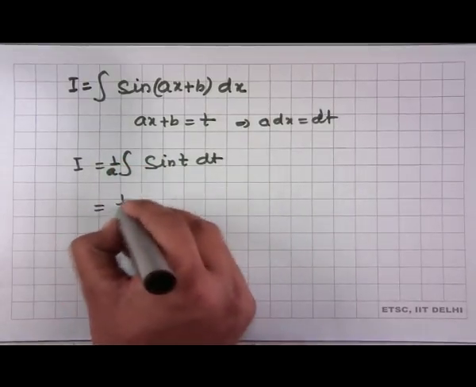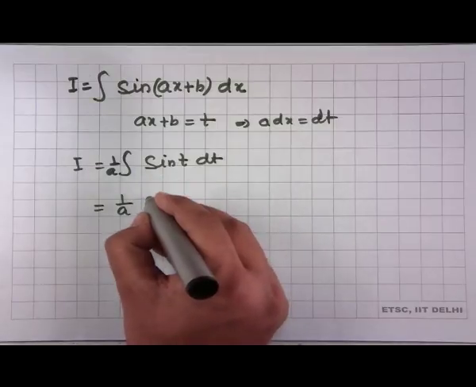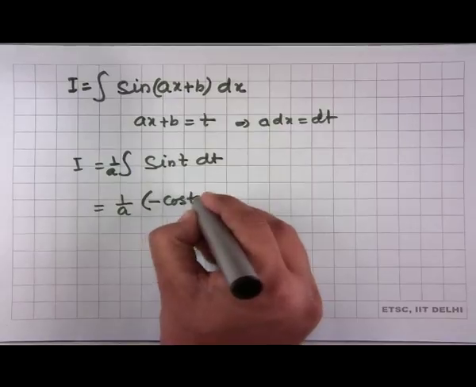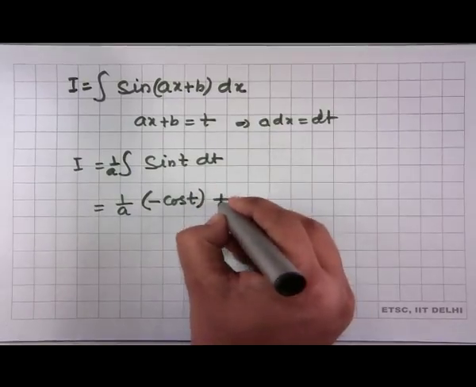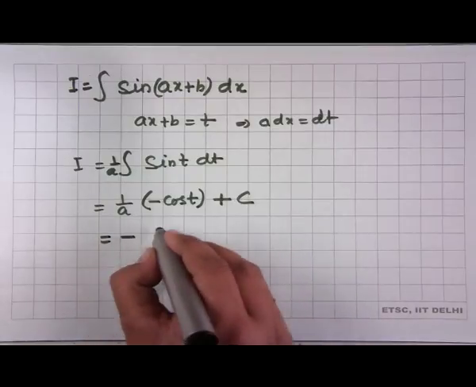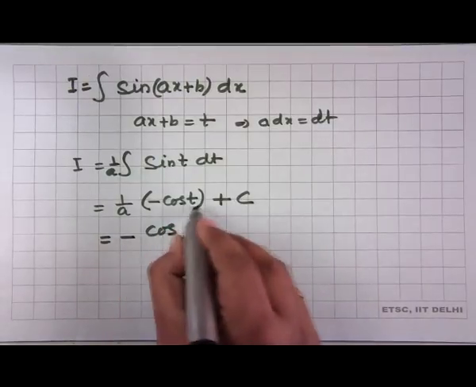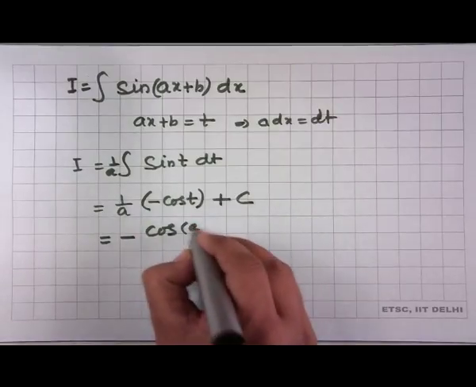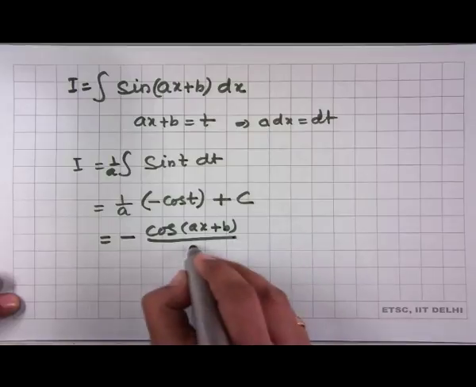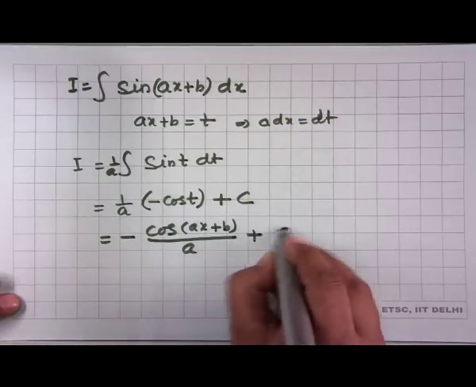So, 1 by a times the integral of sine t is nothing but minus cosine t, and finally, we add a constant c, which will give us minus cos of a x plus b, divided by a, plus c.